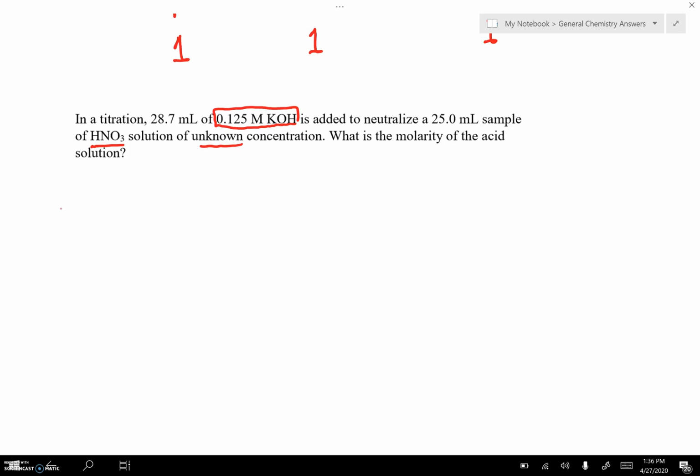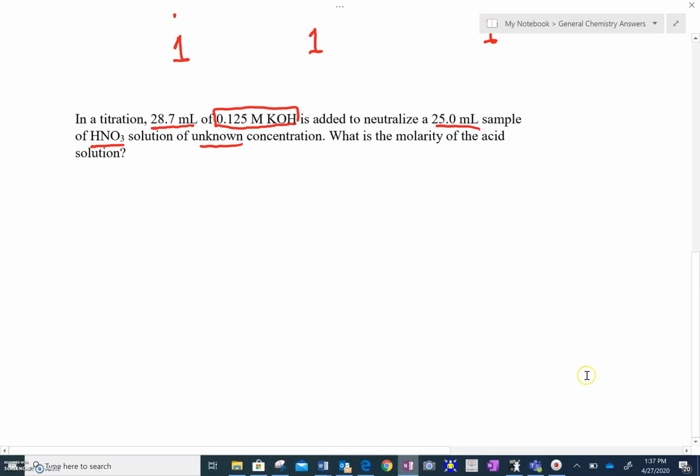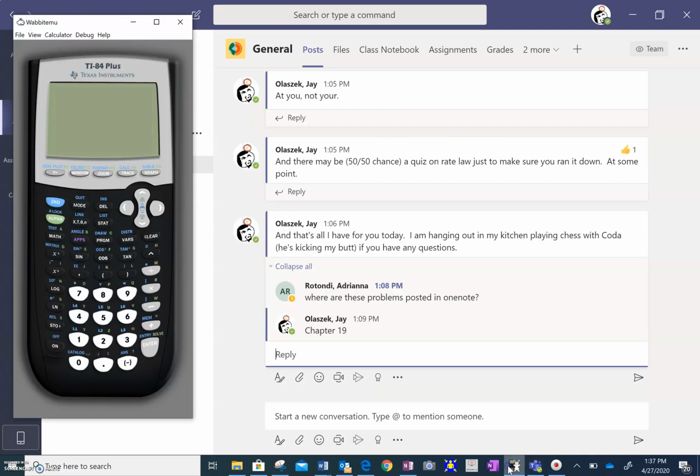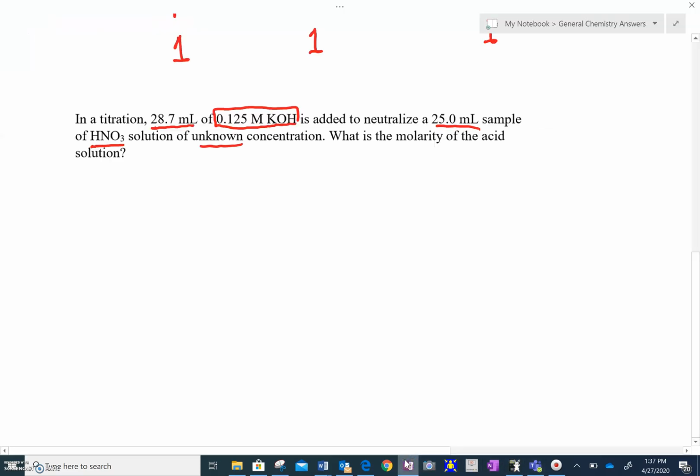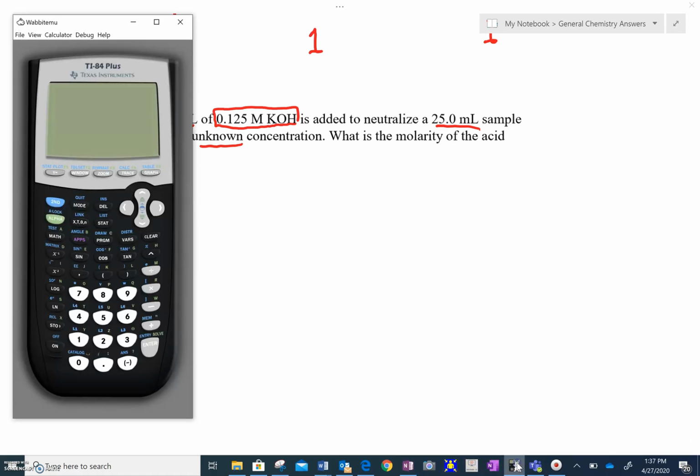Let's also pay attention to the fact that we have a volume of our known and a volume of our unknown. Okay? So let's keep this equation for molarity in mind. And let's also make sure that we have a calculator. I've got my fancy one. We don't want that. That's a conversation in AP chemistry. But I have my calculator here at the ready. Okay? So here we go.